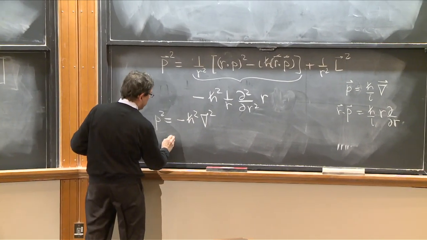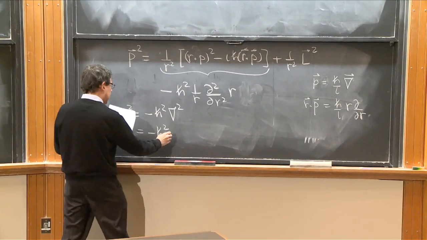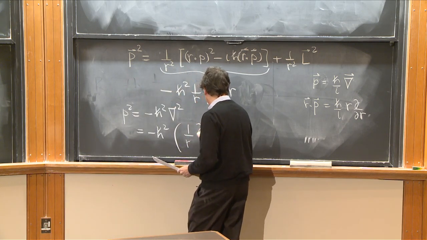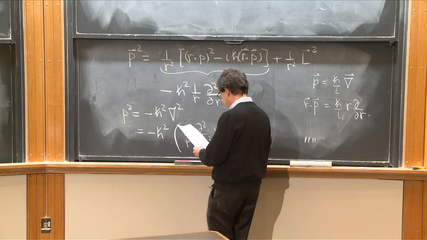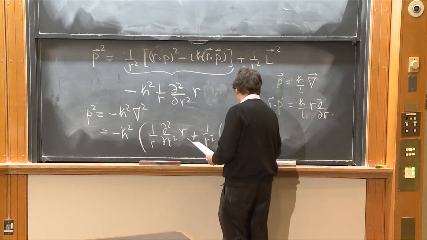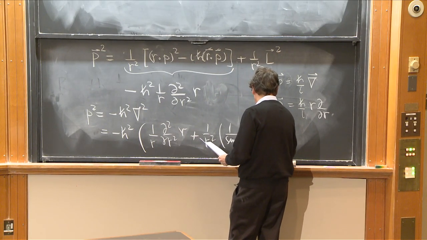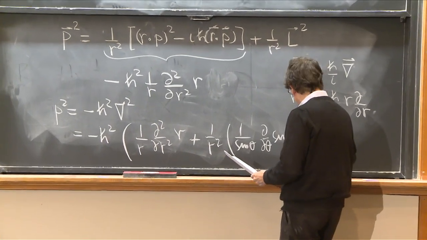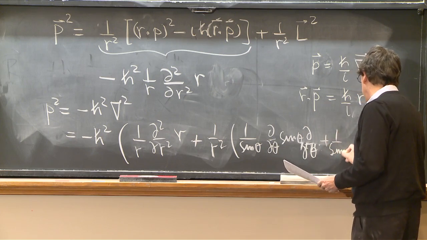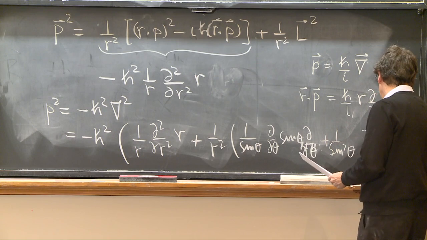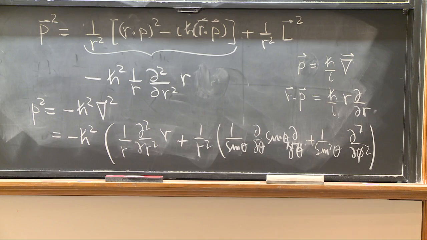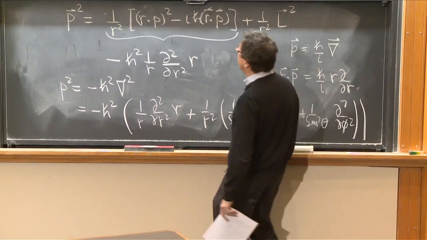And that's equal to minus h squared times, in fact, the Laplacian operator, which is 1 over R d second dr squared R plus 1 over R squared, 1 over sine theta d/d theta, sine theta, d/d theta, it's a little bit messy, plus 1 over sine squared theta, d second d phi squared, closing this.